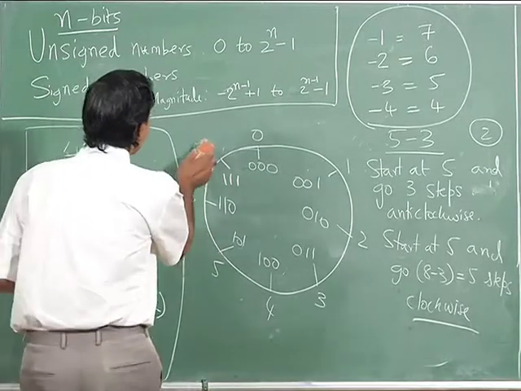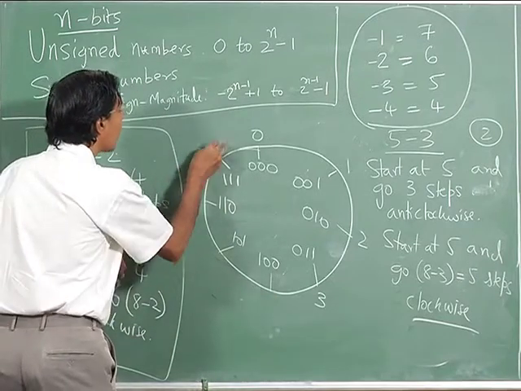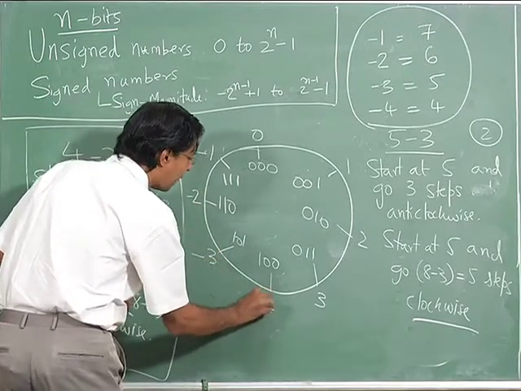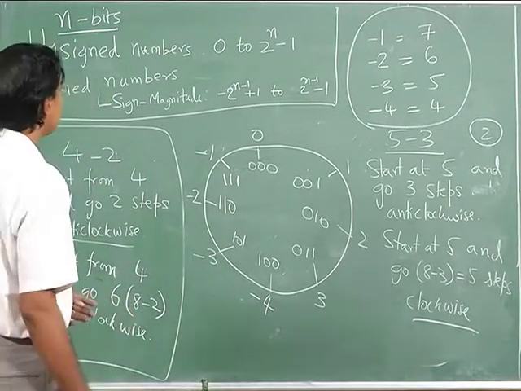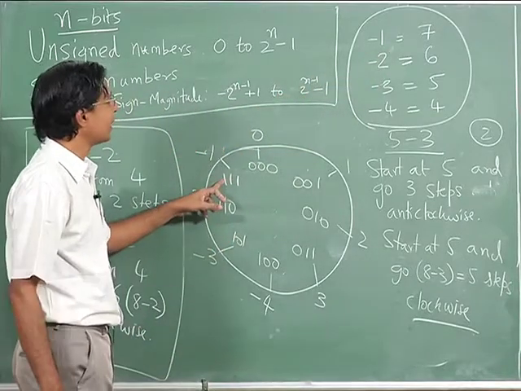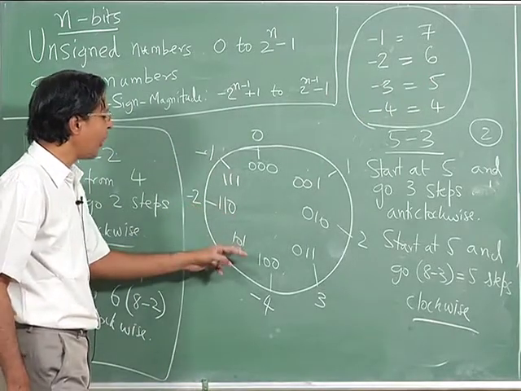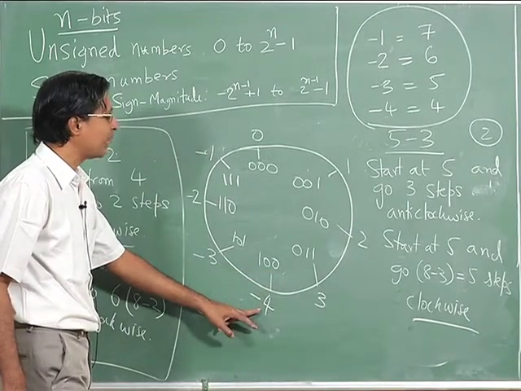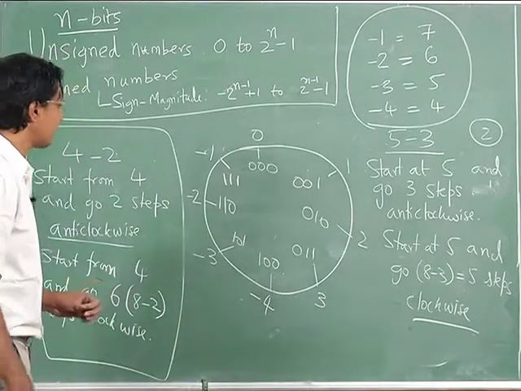So, let us number them. I will call these minus 1, minus 2, minus 3 and minus 4. Now, please understand, 7 is modeled as minus 1, 6 is modeled as minus 2, 5 is modeled as minus 3, 4 is modeled as minus 4. So, we have achieved what we want.